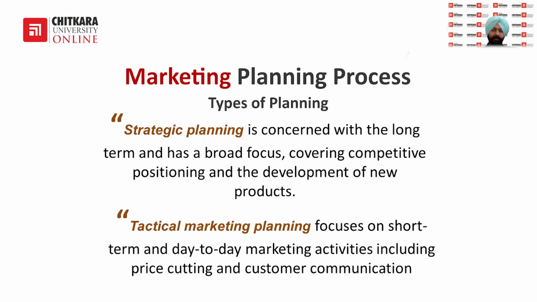Strategic intent is more about having a broad focus, covering competitive positioning and development of new products, because an organization would not like to leave the market after 2 years or 5 years. They come with a long-term vision. And if an organization has a long-term vision, they need to have a broad focus.